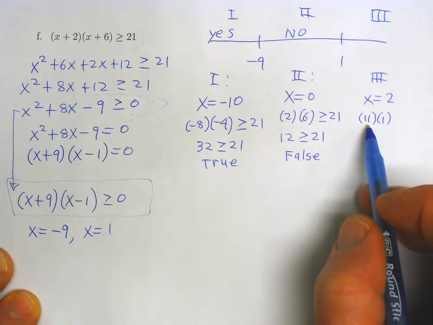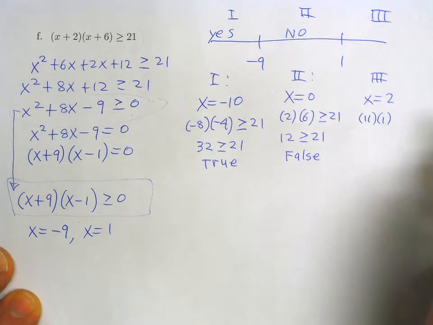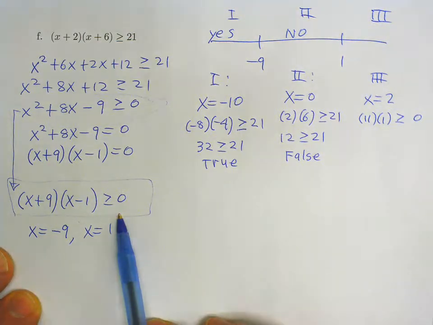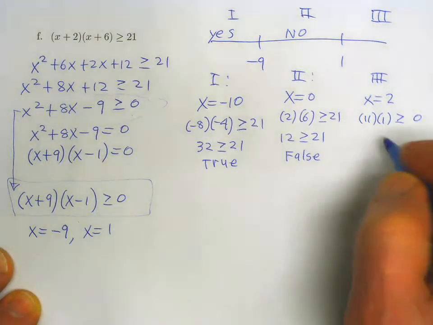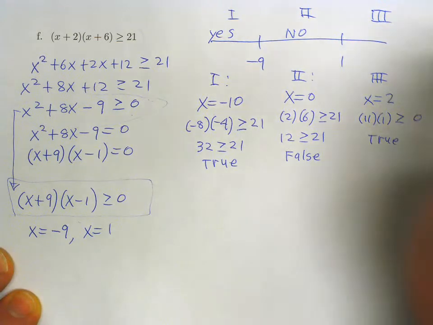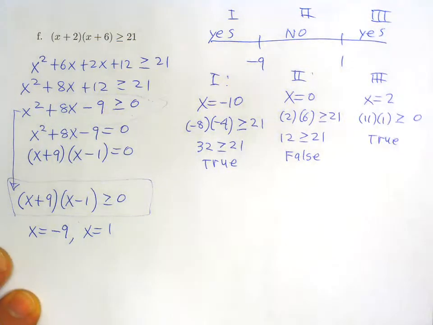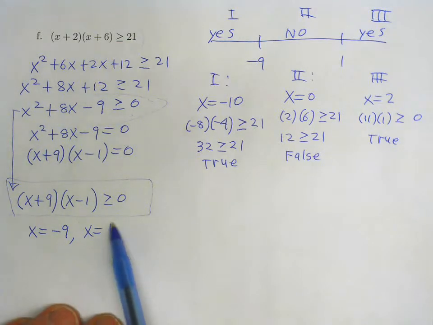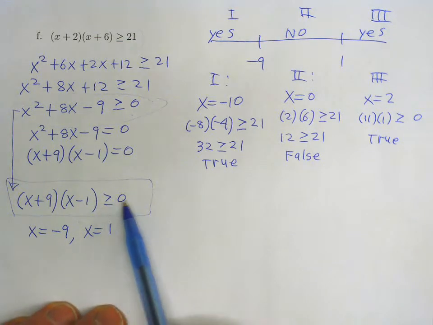The inequality, 11 times 1 is greater than or equal to 0. Remember which inequality we're using. So this is obviously true. So all of the numbers greater than 1 are solutions. And we include the endpoints because of the or equal to 0 part.